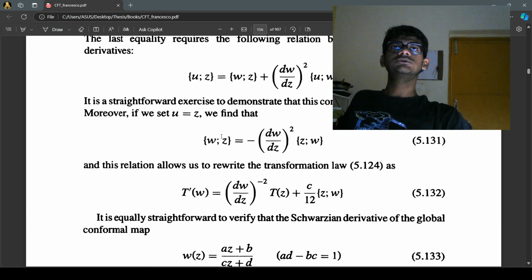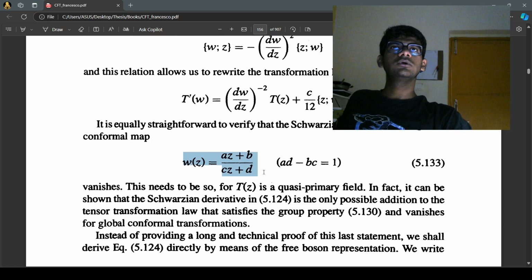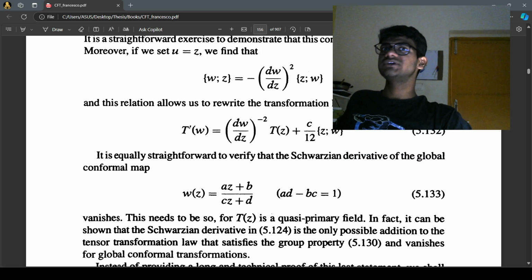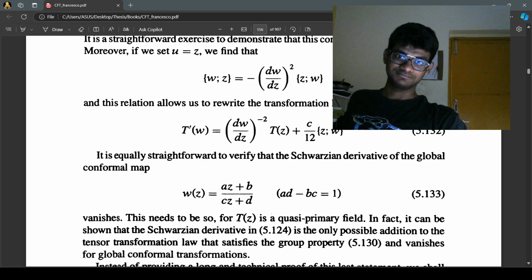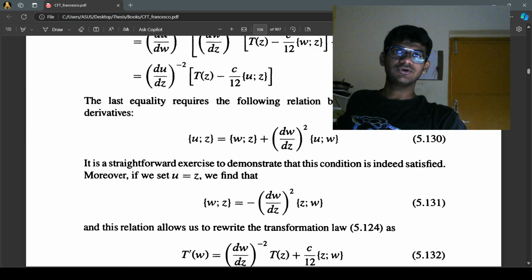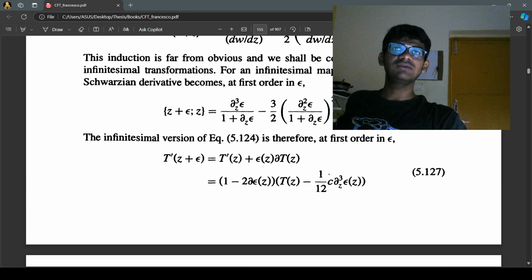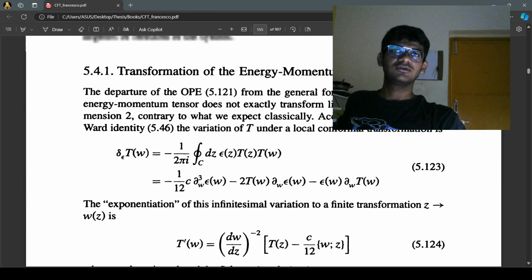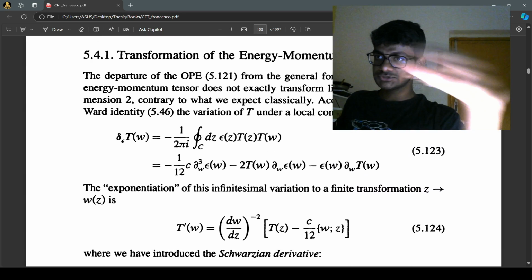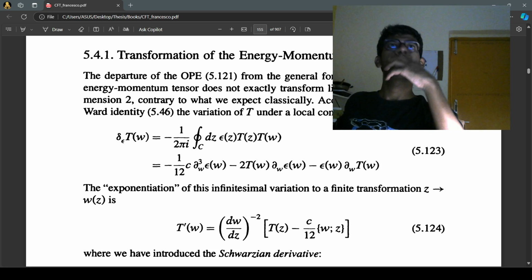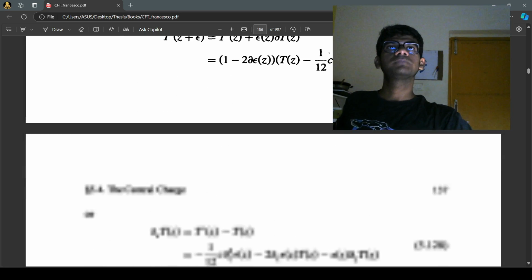Apparently they do, and in fact, the Schwarzian derivative of the global conformal map vanishes. So your T becomes a primary field if your conformal transformations are global. Is that statement right?